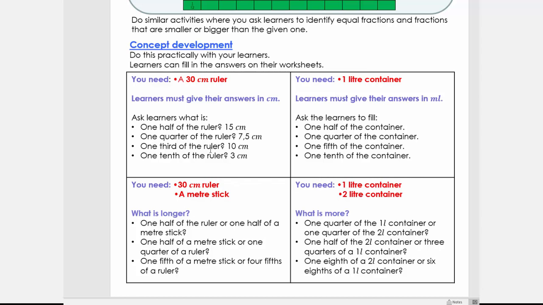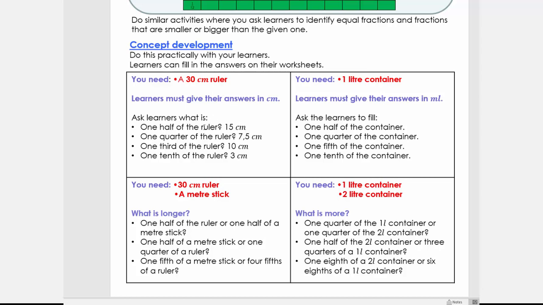So for the first activity, you're going to ask the learners the following questions, or the children. 1/2 of the ruler is... then if we know 1/2 of the ruler is 15 centimeters, what will be 1/4 of the ruler? What is 1/3 of the ruler? And what's a 10th of the ruler? Please make use of a ruler to make this activity practical.